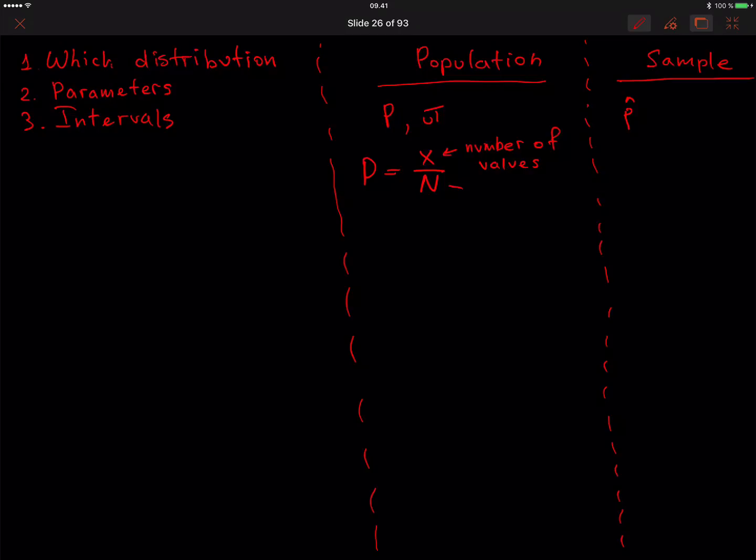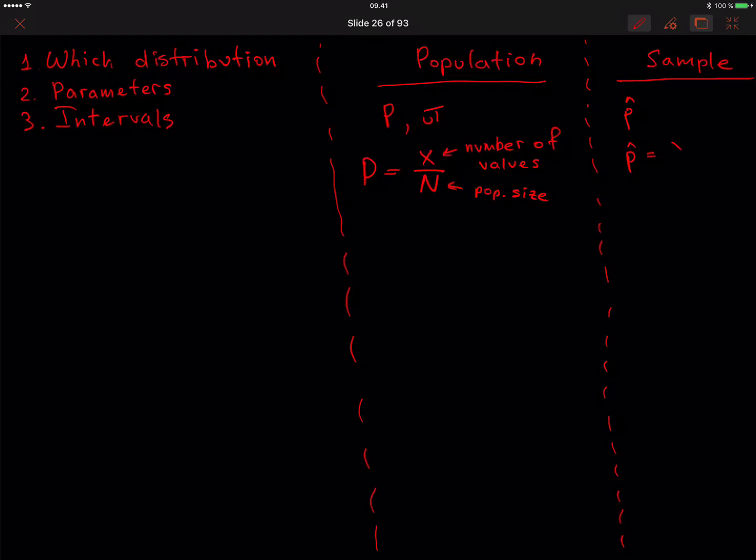And n is the population size. So for example, if you have 1,000 people and 300 of them smoke and 700 do not smoke, it means that the proportion of the population is 0.3.